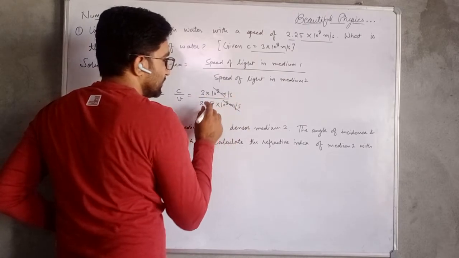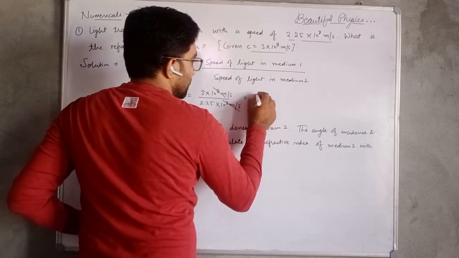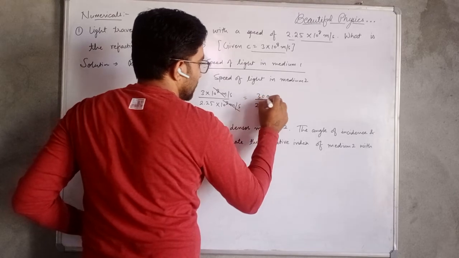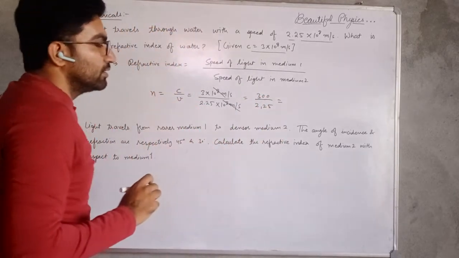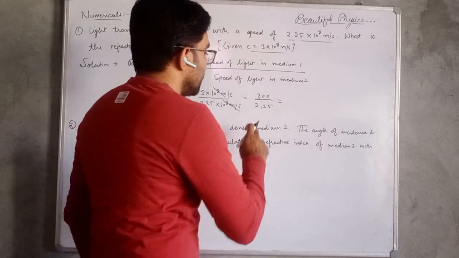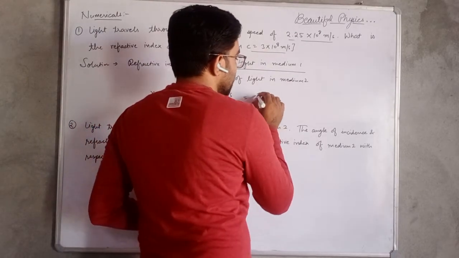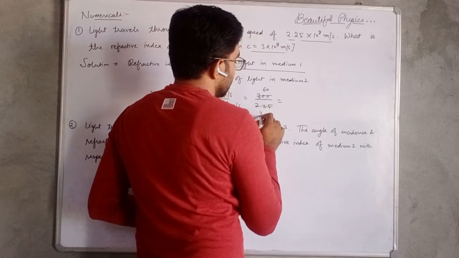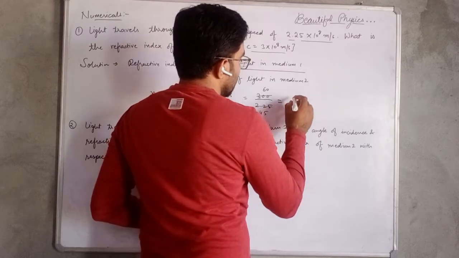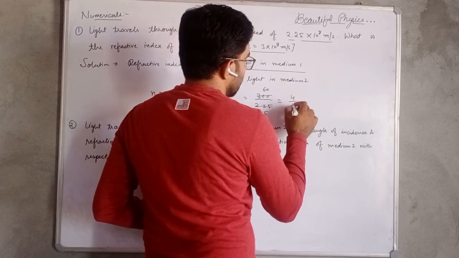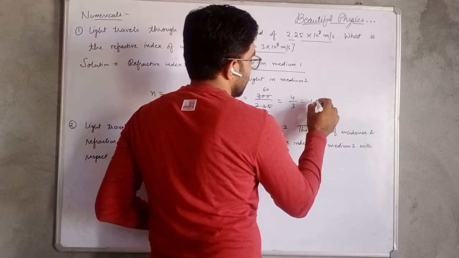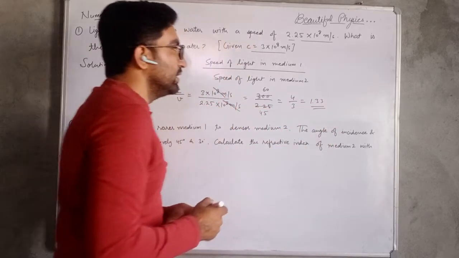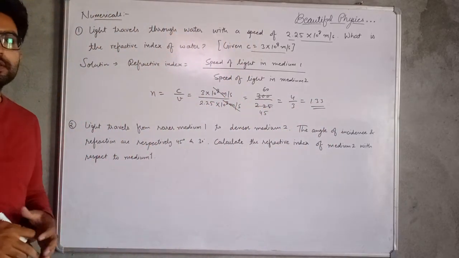Again this quantity cancels out and we have 3 upon 2.25, which equals 300 divided by 225, and when we cancel these terms we have 4 by 3, which is equal to 1.33. So the refractive index of water is 1.33.